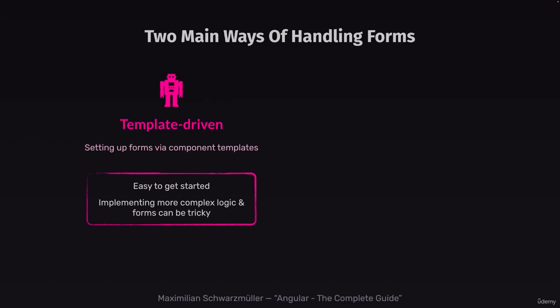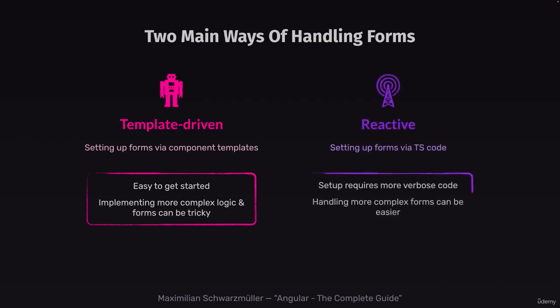The alternative, about which you will also learn in this section, would be reactive forms, where you set up your form structure in your TypeScript code, and you then just link that to the template elements so that Angular knows which input element in the template is related to which control that was set up in the TypeScript code.